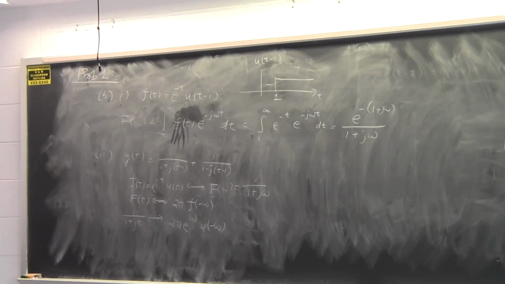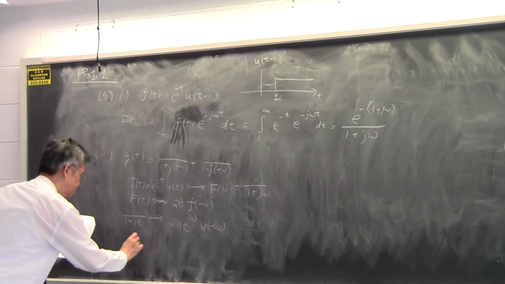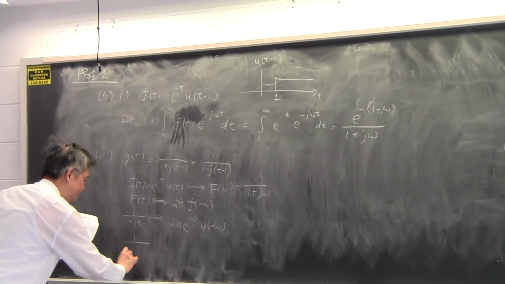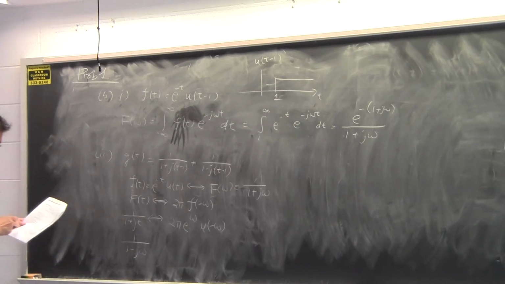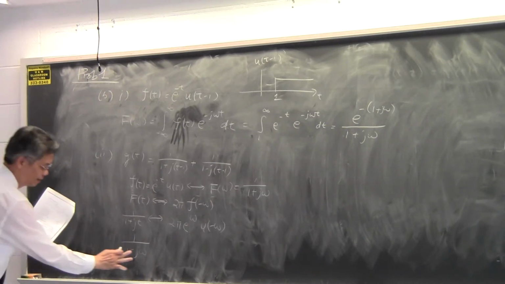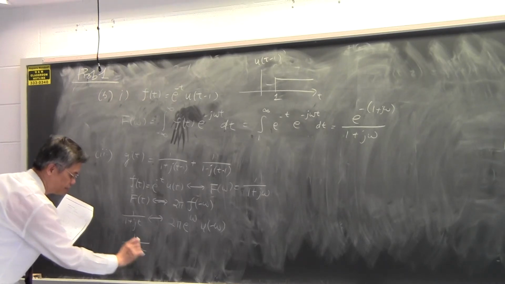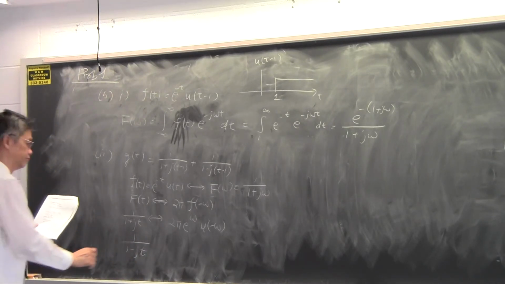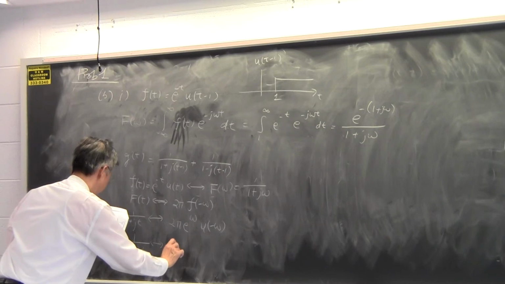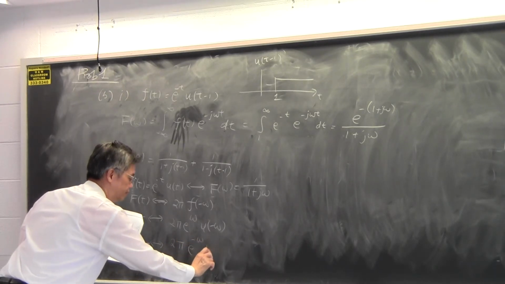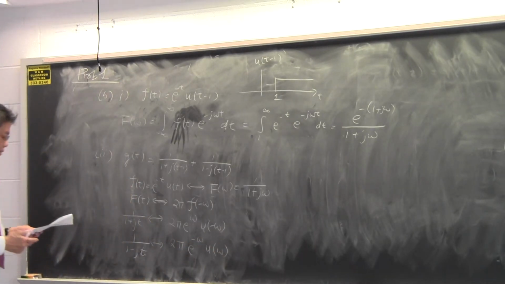Okay? And then by the same token, you can figure out, there's an error in the solution here. Actually, it should be 1 over (1 minus jt). 1 over (1 minus jt) should Fourier transform to 2 pi e to the minus omega u of omega. Okay?